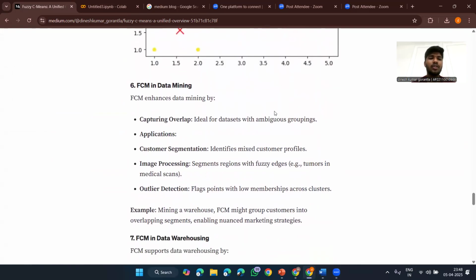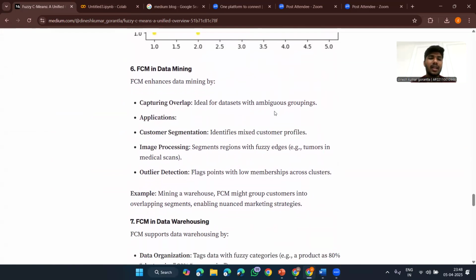Now we will go into FCM in data mining and what the advantages of it are. FCM enhances data mining by capturing overlap, ideal for datasets with ambiguous groupings.